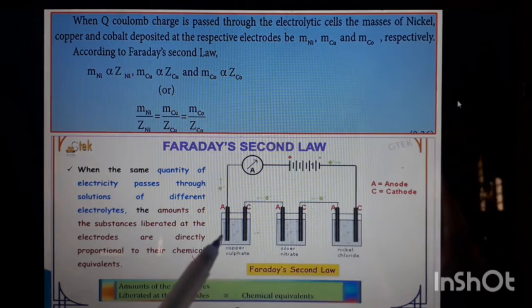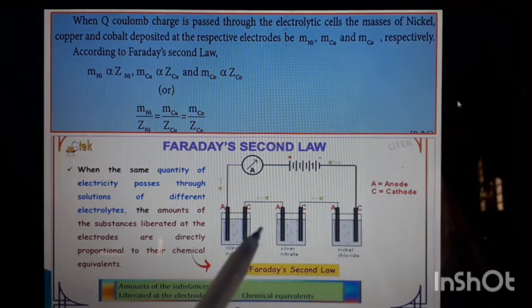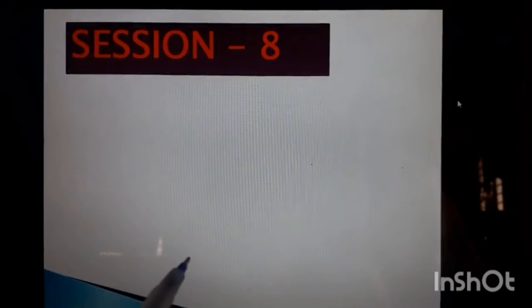In this example, copper, silver and nickel are deposited in the three separate cells. All are directly proportional to their electrochemical equivalents. This is the conclusion of the second law.